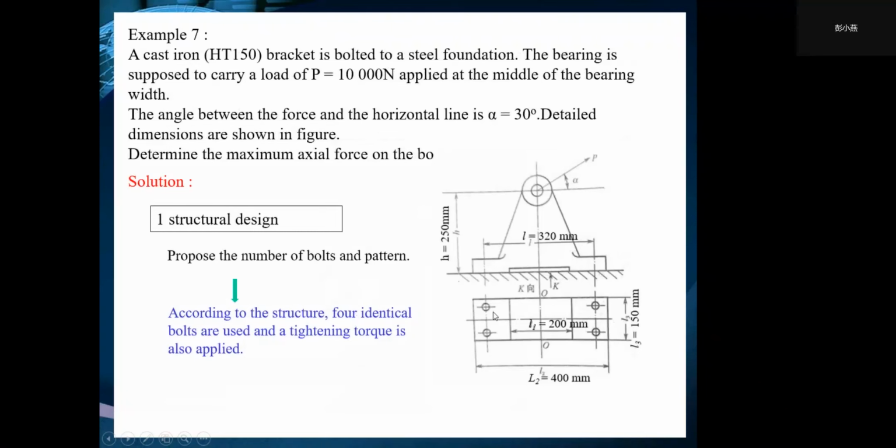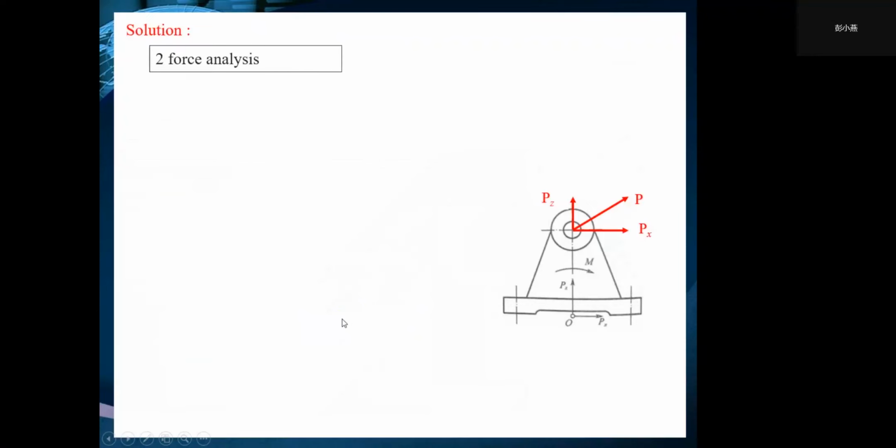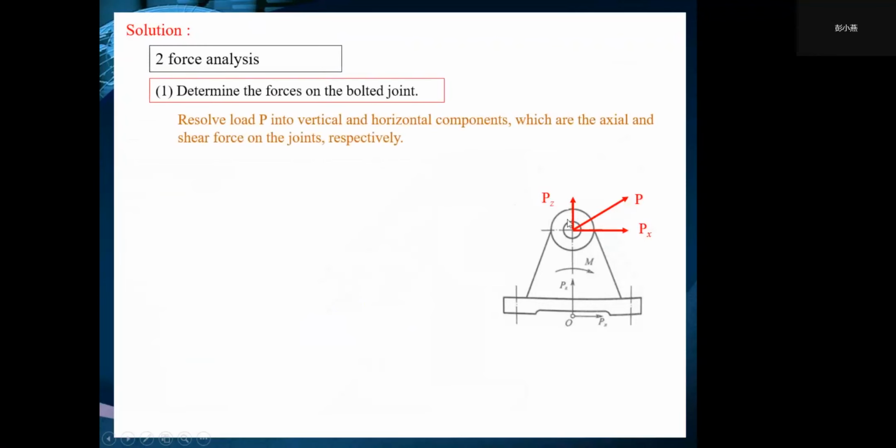From the structure below, 1, 2, 3, 4, 4 identical bolts are needed, and it should be preload. And then we do force analysis. Force analysis simplifies the external force P. Then we resolve load P into vertical and horizontal components.